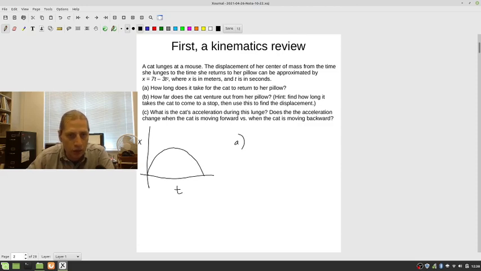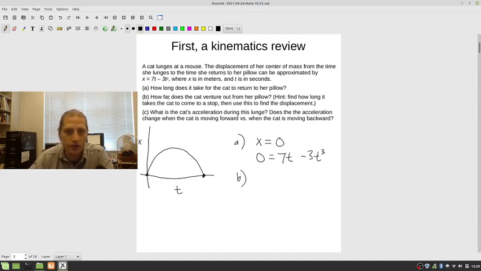So if you have a picture like this, it can be hard to see just from an equation, but if you have a picture, here's an x equals 0, there's an x equals 0. So all you need to do is go ahead and set x equals 0, so that 0 equals 7t minus 3t squared. Now obviously t equals 0 is one solution, but I have faith that you can go ahead and solve for the other solution for that.